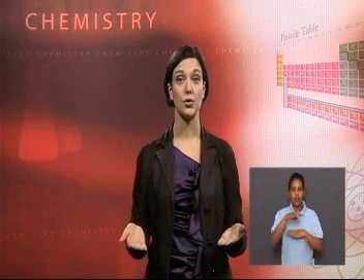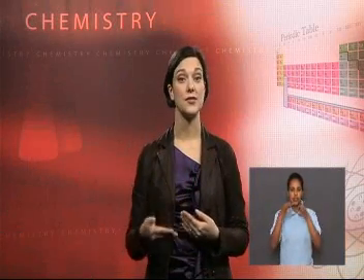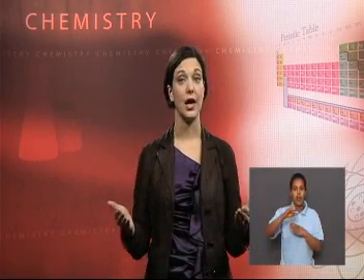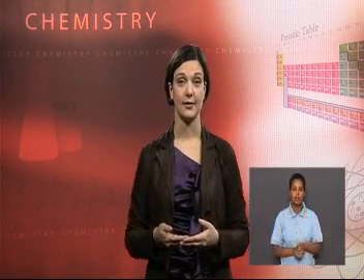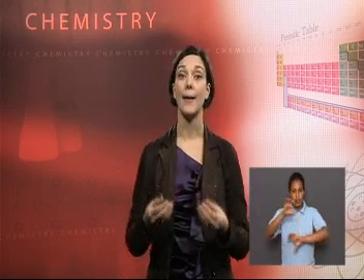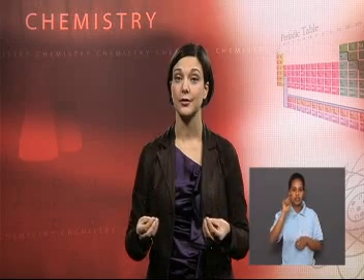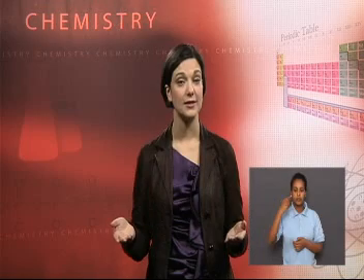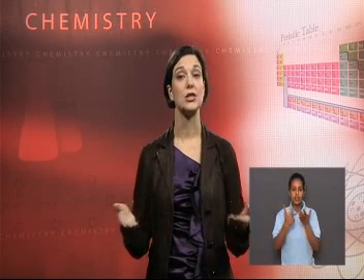Other electrodes only serve to transfer electrons into or out of an electrolyte. These electrodes are called chemically inert. Platinum and graphite both fall into this category.